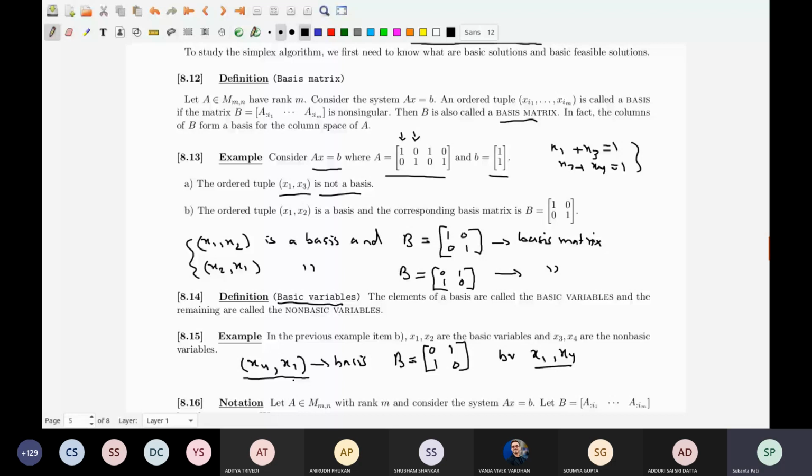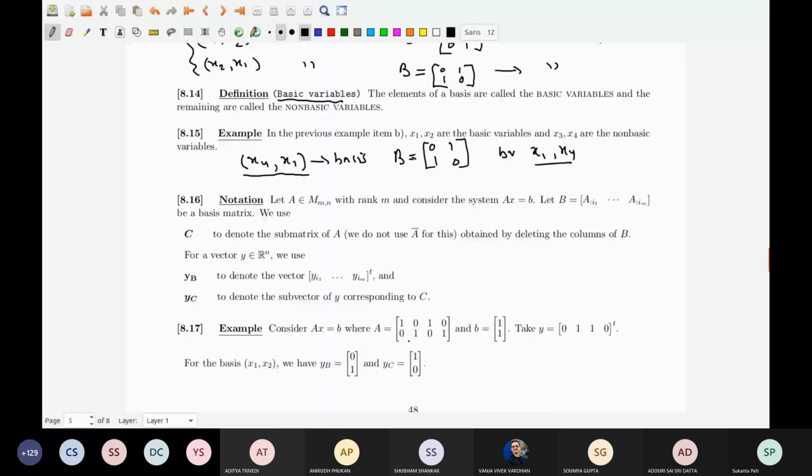Once you have considered a basis, for example, the same A and same B I have written, the same system. Suppose I am considering the basis x1 x2.